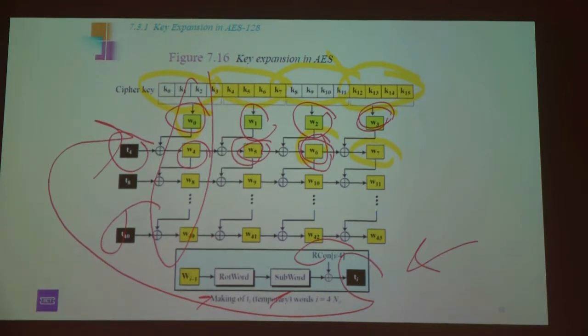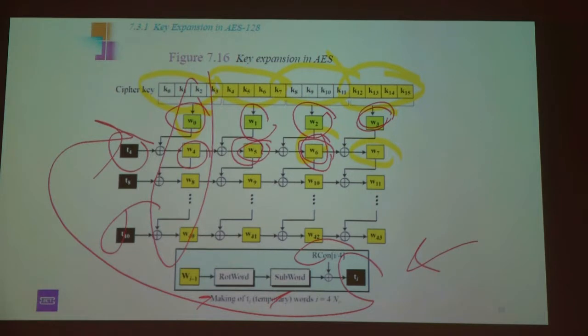We have the original key. The key is how many words? 4 plus 4 plus 4 plus 4, that's 16 bytes. From these, somehow we have to generate how many words? 44. We take 4 for each round. We have 11 rounds, and this is 44.